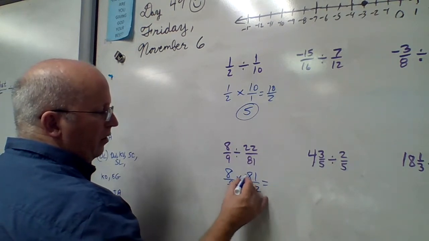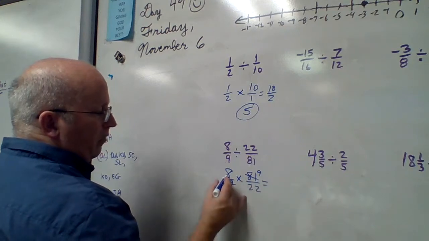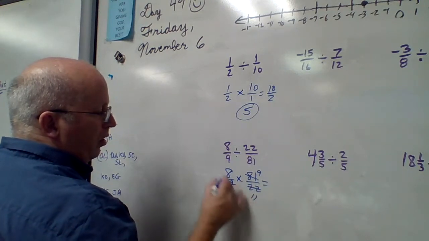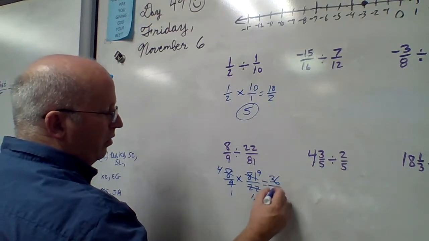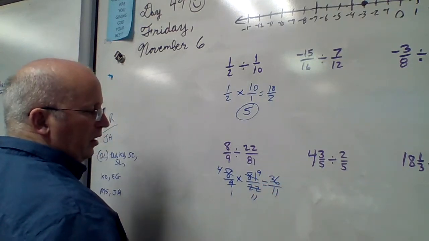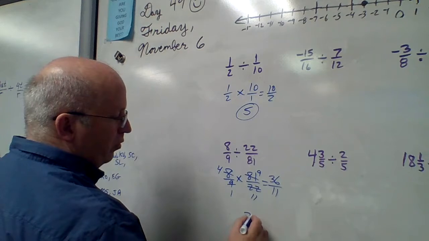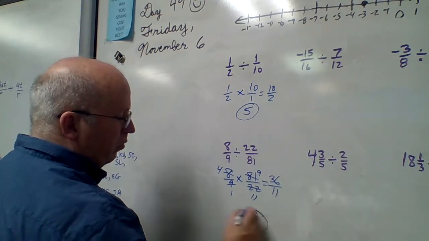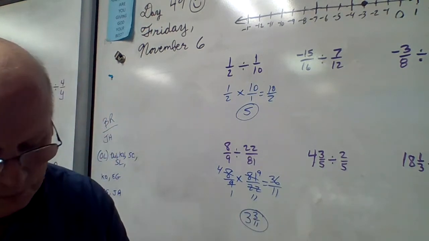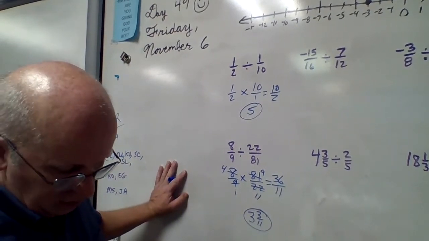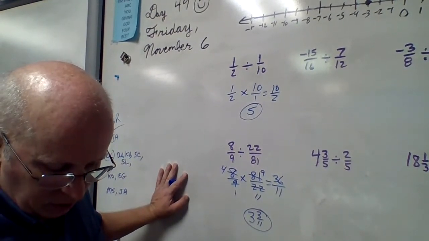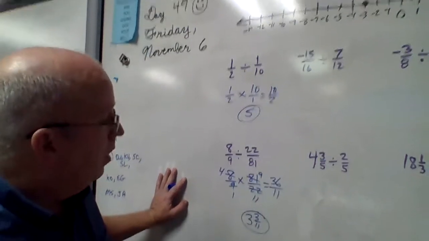Divide by 9, divide by 9, divide by 2, divide by 2, makes it a whole lot easier. I get 36 over 11, and 36 over 11 is 3 3/11 once I do the simplifying or the changing back into the mixed number of that particular item.